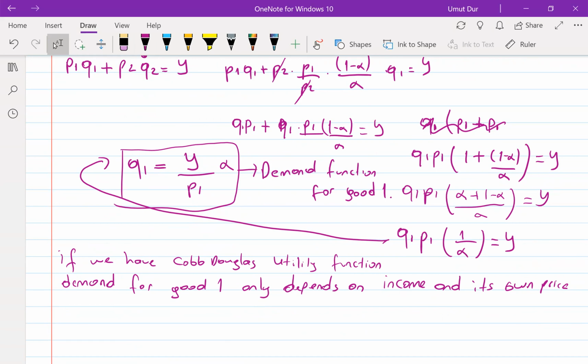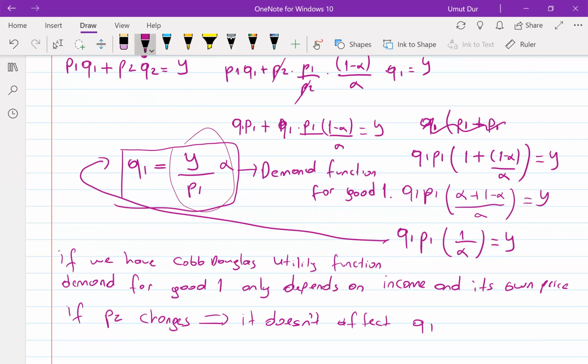So which means that if P2 changes, it doesn't affect Q1. Since there is no P2 here, there is no effect of the price of good 2 on good 1.